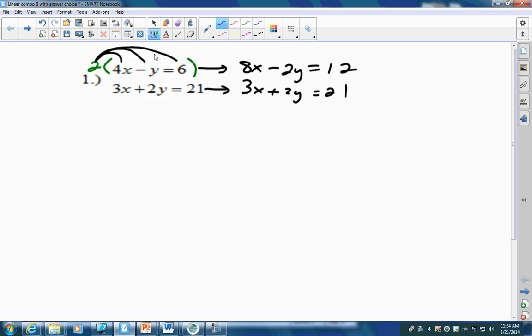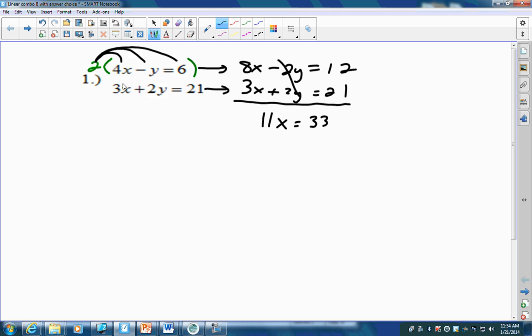Now, I had to go through and multiply by 2 so that now my y's cancel out. See, because now I have negative 2y and positive 2y, so those go away. And now I have 8 plus 3 is 11x equals 33.